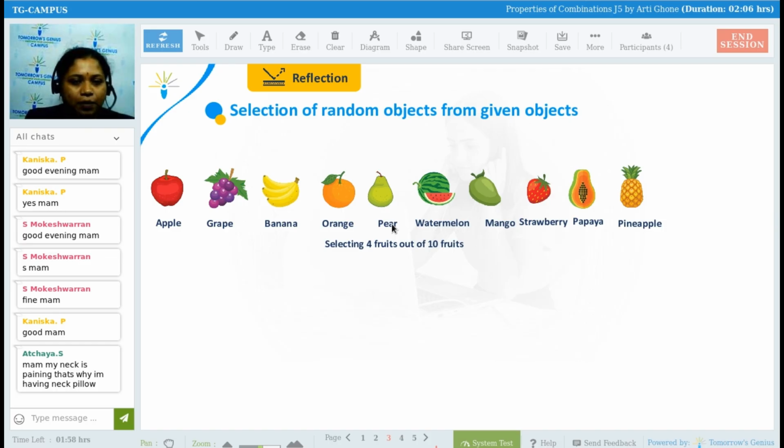If I take apple, grape, banana, or grape, banana, orange, banana, orange, pear, watermelon, pear, watermelon, mango, watermelon, mango, strawberry, or mango, strawberry, papaya, pineapple, then apple, banana, orange, then apple, pear, watermelon.